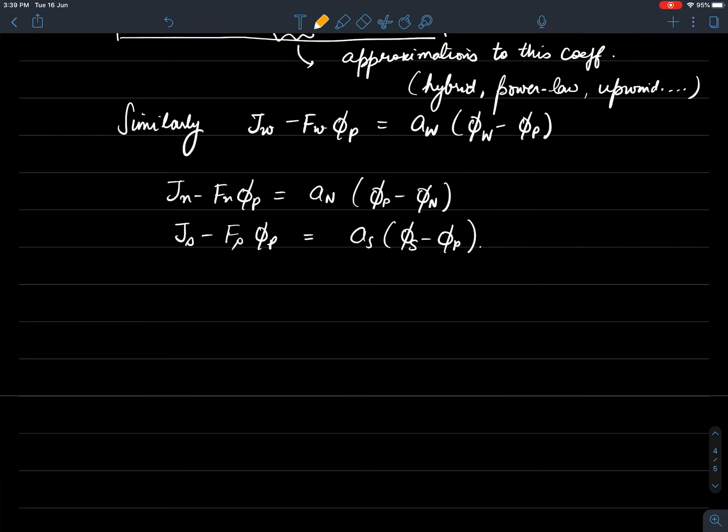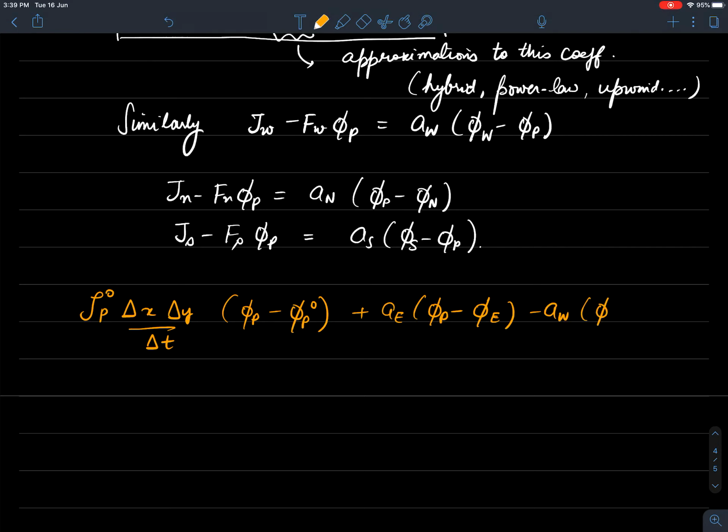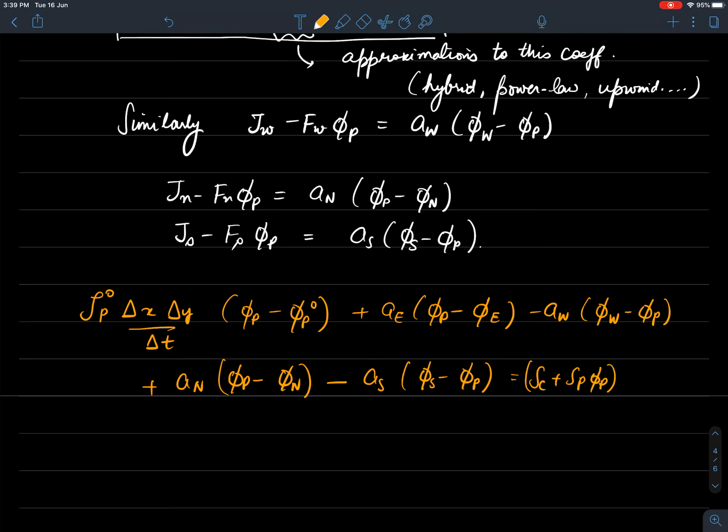So if I do this, what we'll have is rho p naught delta x delta y by delta t times phi p minus phi p naught, plus Ae times phi p minus phi e, minus Aw times phi w minus phi p, plus An times phi p minus phi n, minus As times phi s minus phi p, to be equal to Sc plus Sp phi p into delta x delta y.